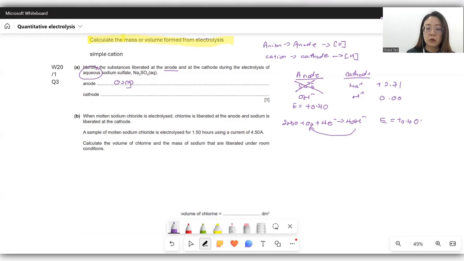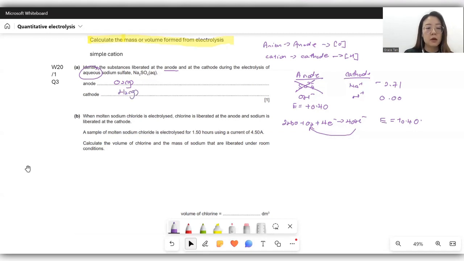Oh, sorry, my mistake. Sodium is negative 2.71, right? Negative 2.71, around there, okay? Now, among these two values, the hydrogen will be more positive. Hence, the more positive E value cation will be discharged. So what is formed? Hydrogen gas. Okay, so that is an easy one.